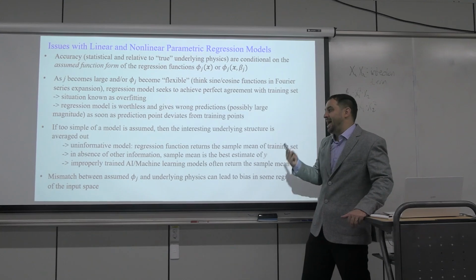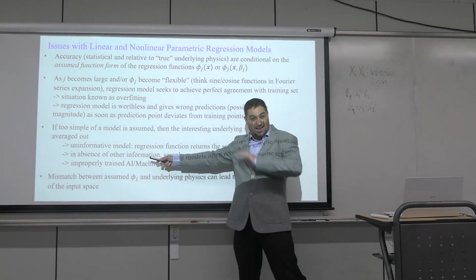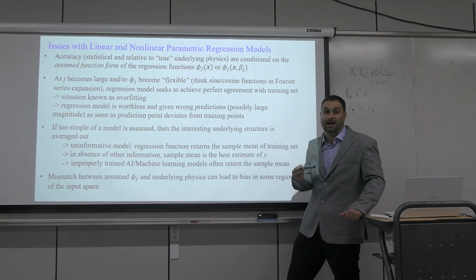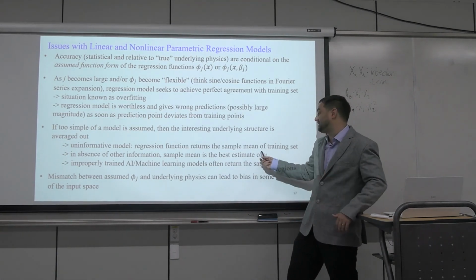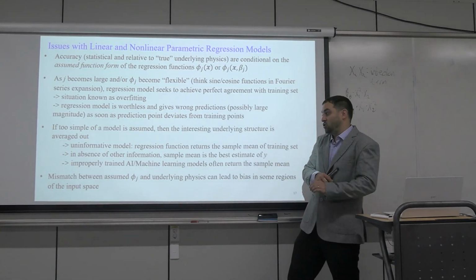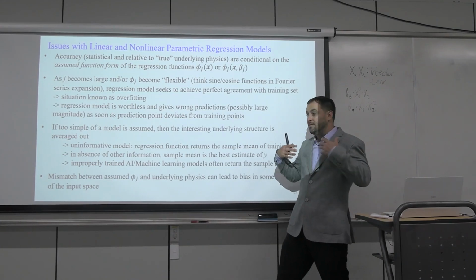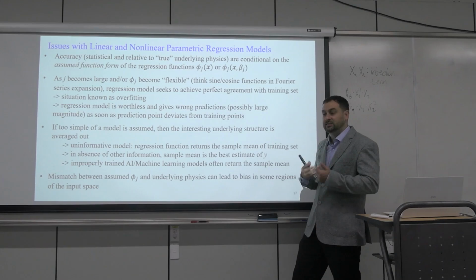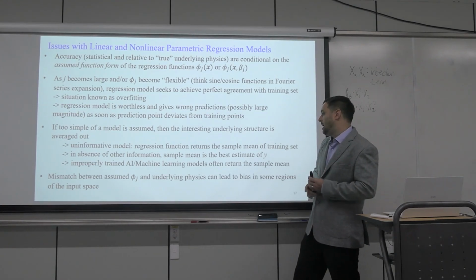But in the absence of any other information, the sample mean is sometimes the best unbiased estimate of Y. If you don't have any other information, just the sample mean is actually the best estimate.